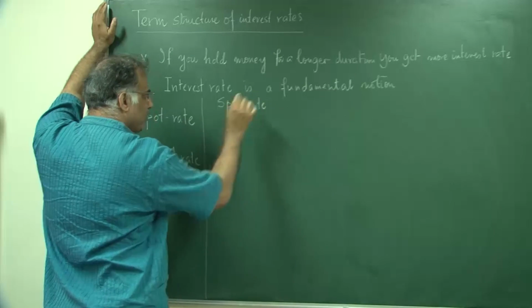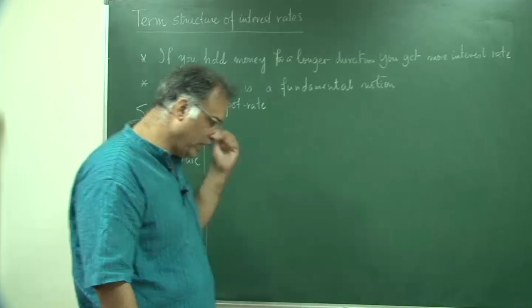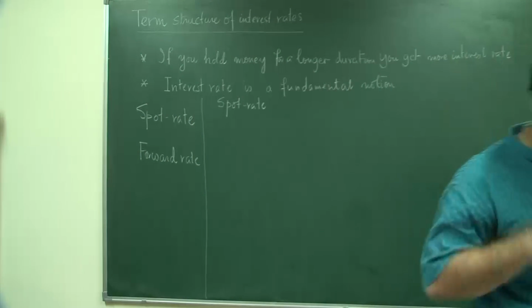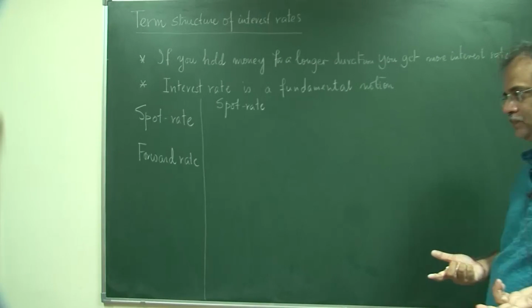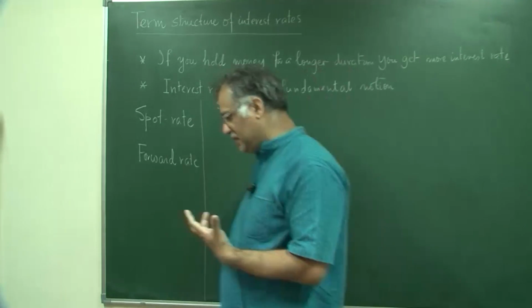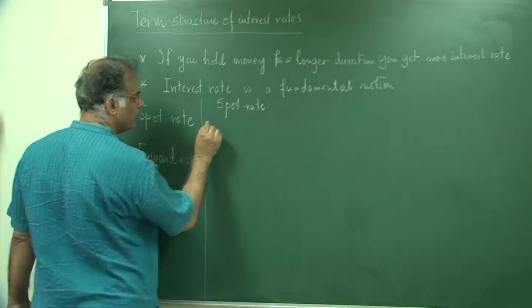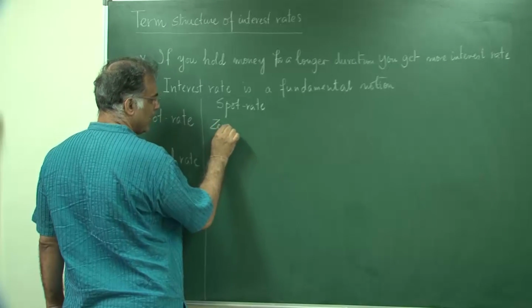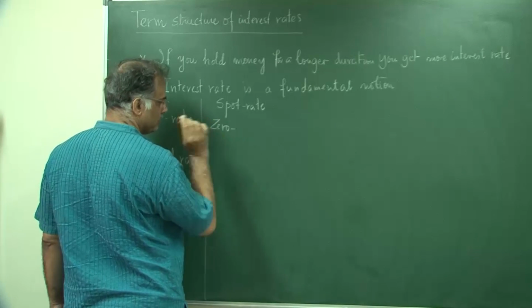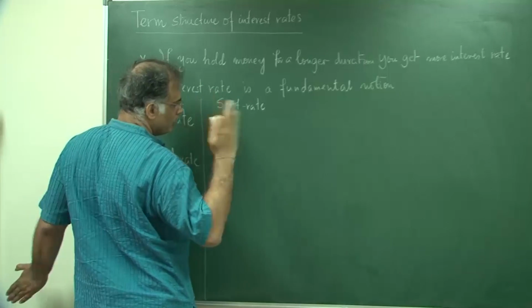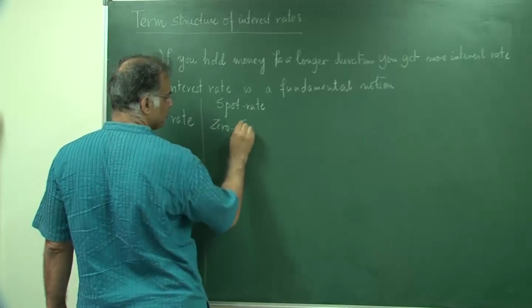Spot rate is the interest quote that you get immediately, the moment you want to buy a bond, and spot rates are usually evaluated by looking at zero coupon bonds, especially government treasury bonds, government bonds which are surely non-defaultable.